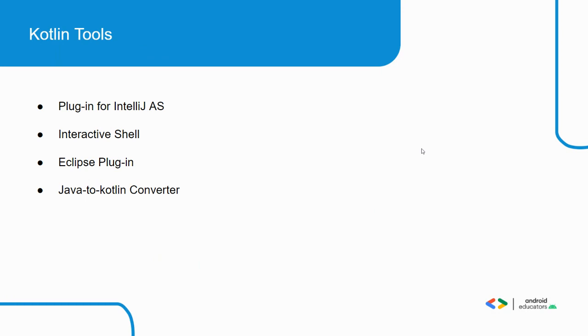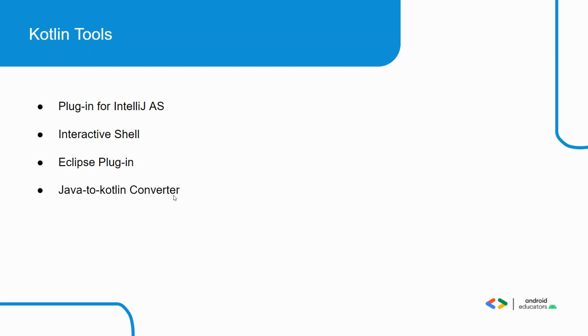Now, Kotlin tools: there are a lot of plugins. AS here means Android Studio, right? You have an interactive shell. If somebody is still building code in Eclipse, there is support for Eclipse as well. And you have tools like the Java to Kotlin converter. If you haven't tried this in Android Studio before, just copy a Java code and paste it into the Android Studio.